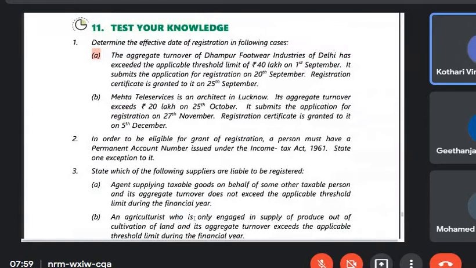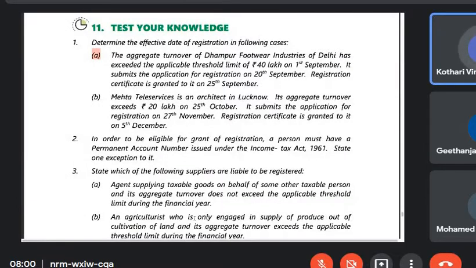Okay. So the aggregate turnover of Dhampur Footwear Industries of Delhi exceeded the applicable threshold limit on when? On 1st September. So within how many days does the registration have to be taken? Within 30 days.